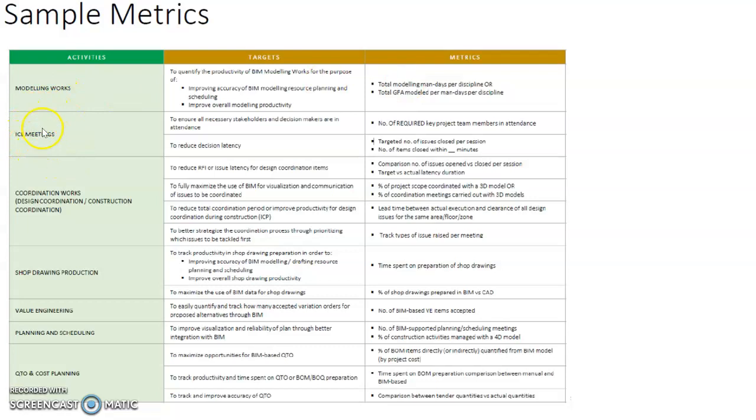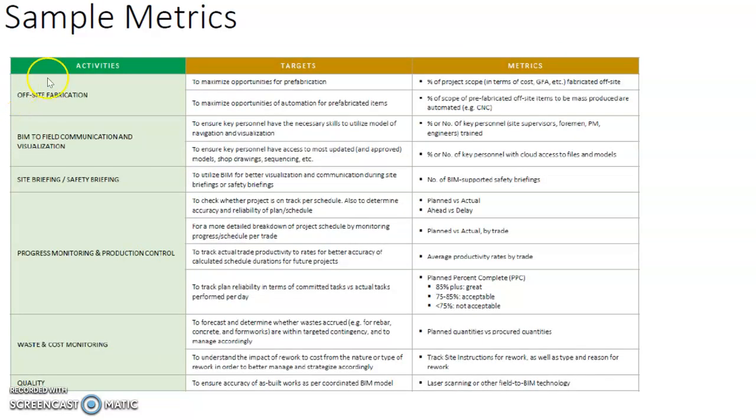You can have the integrated concurrent engineering meetings, the coordination works, the shop drawing production, the value engineering, the planning and scheduling, the cost estimation, quantity take-off, and costing work, the off-site fabrication activities, the BIM to the construction site communication and visualization, site briefing and safety briefing, progress monitoring and production control, waste and cost control, and quality in general.